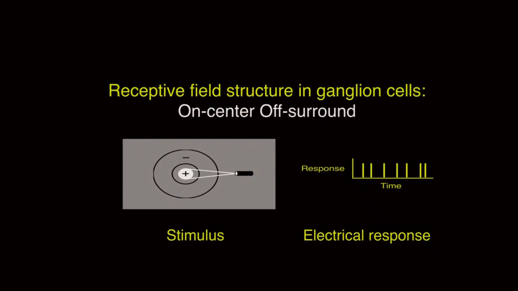Now, if you make that light shine a little bit wider so that it covers more of that positive area that the retinal ganglion cell is sensitive to, then you get even faster action potentials. The retinal ganglion cell is even more excited. However, if you continue to widen that beam, now we start to encroach into the negative region there, which is where the retinal cells have an inhibitory effect on this particular ganglion cell.